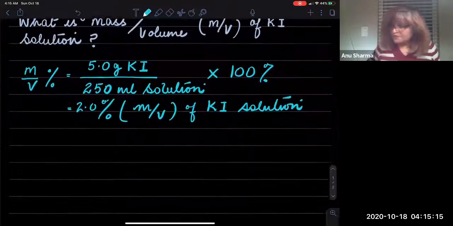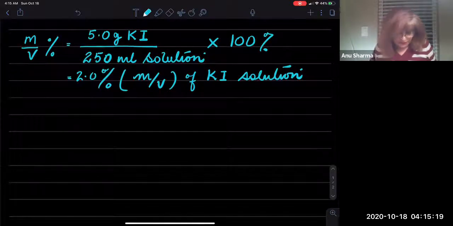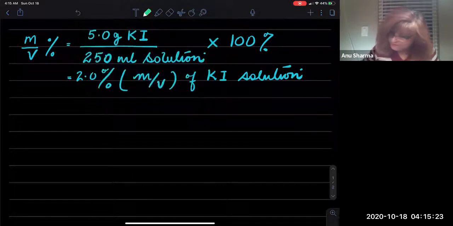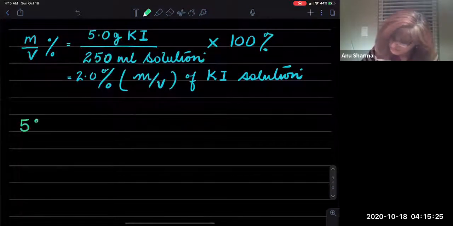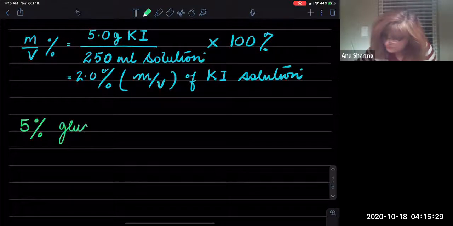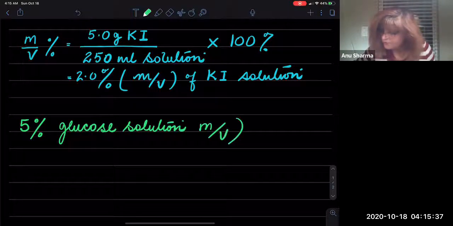So what does all this mean? What is the meaning? Let's say, for example, you are given a 5% glucose solution, which is mass by volume.